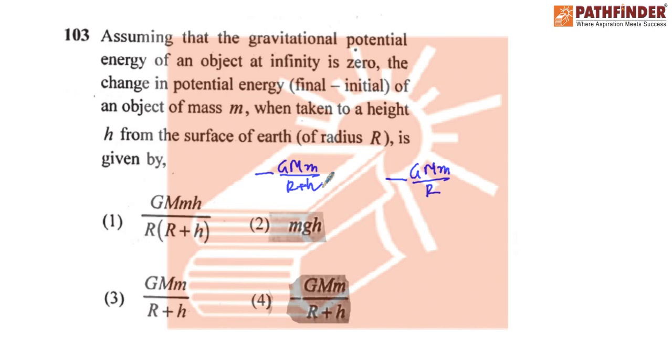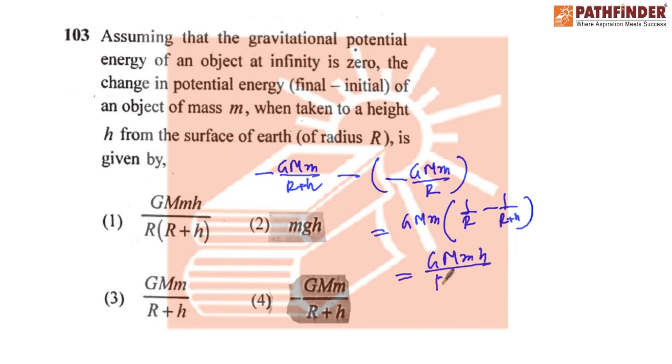So the change in potential energy, that is final minus initial, is GMm times 1 by R minus 1 by R plus h. So clearly the answer is GMmh divided by R times R plus h. So option number 1 is the correct one.